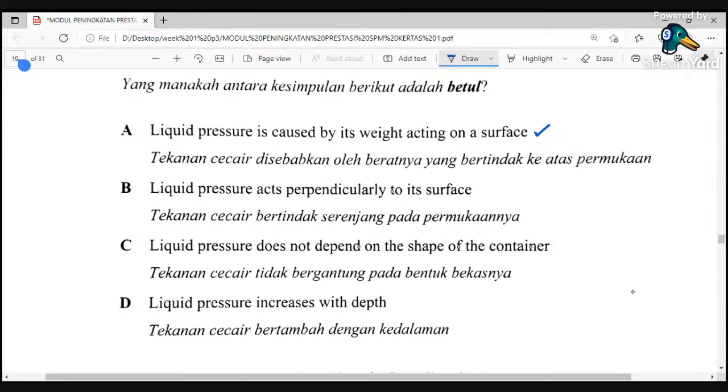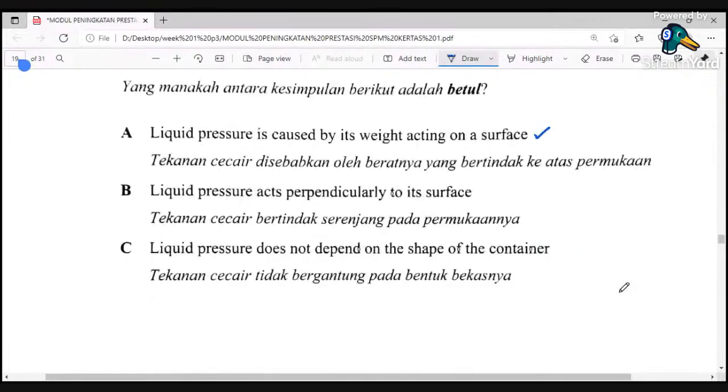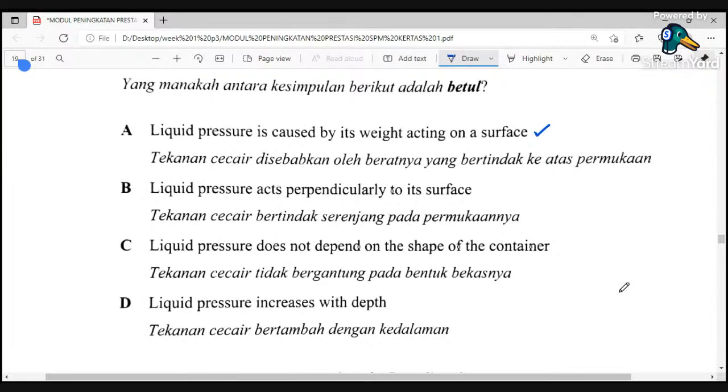Liquid pressure acts perpendicularly. Ini konsep yang betul, tapi kalau ikut kepada soalan, dia explain berkenaan dengan apa? Itu maksudnya. Saya dari segi konsep ini betul. Okay. Liquid pressure acts perpendicularly to the surface, correct.